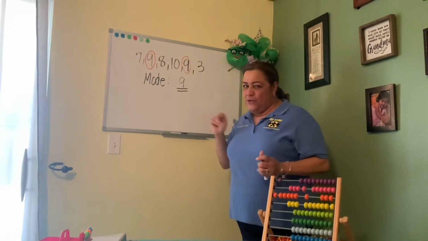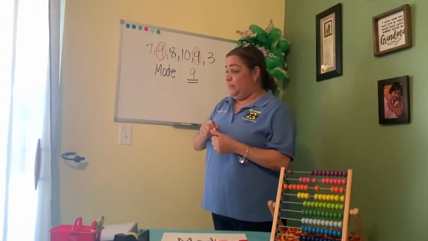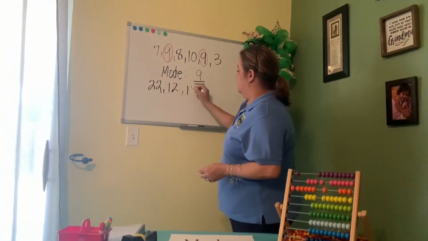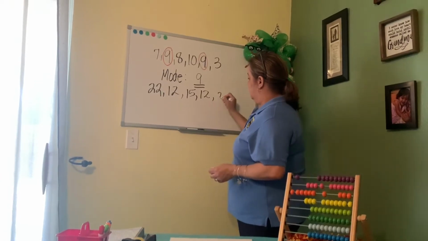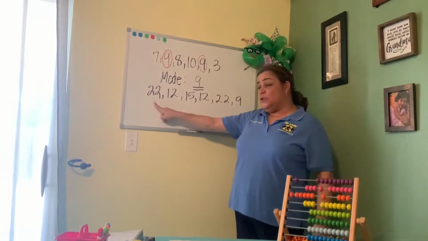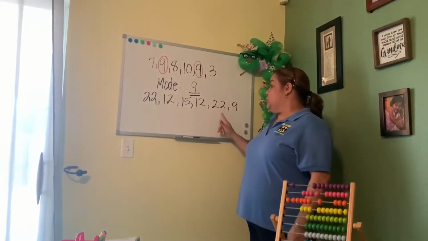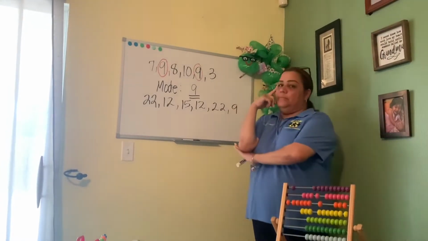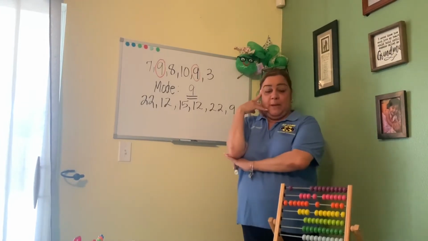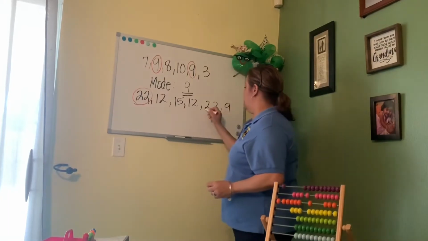Now, another example before we go to the worksheet. What about if you have something like this? Let me read those numbers for you: 22, 12, 15, 12, 22, 9. I think, what is the number that appears the most? Oh, I see 22 once, 22 twice.